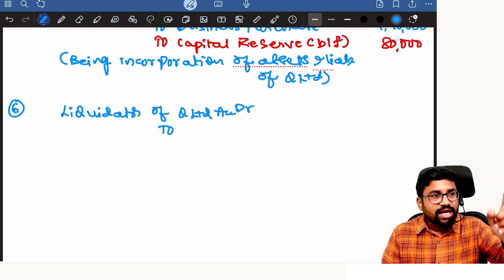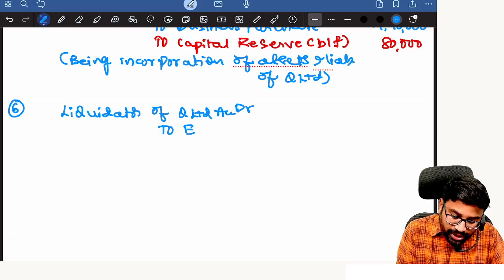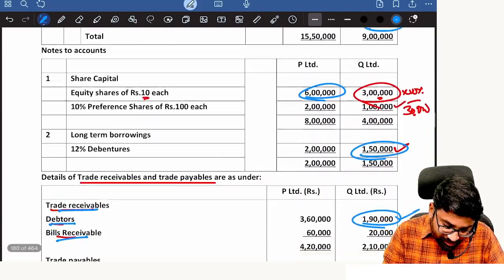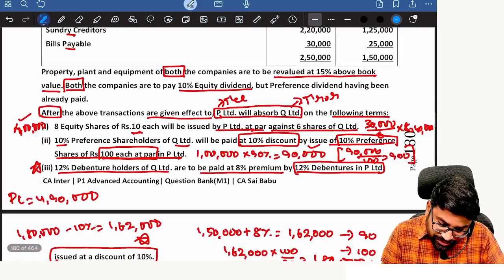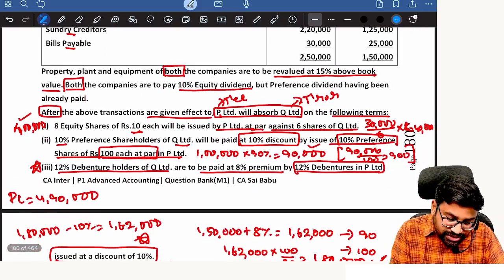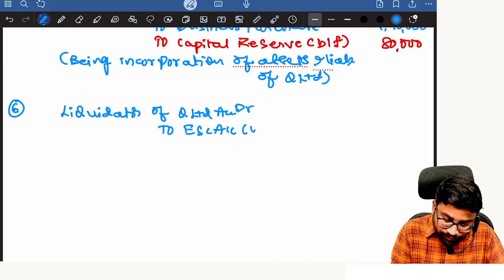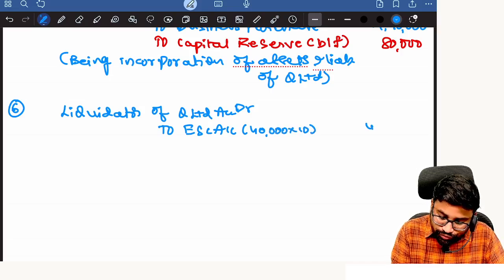To equity shareholders, we are giving equity shares, to equity share capital account. Here I have written how many equity shares we are giving: 40,000. Each share we are giving at par, 10 rupees. So 40,000 into 10, how much? 4 lakhs.